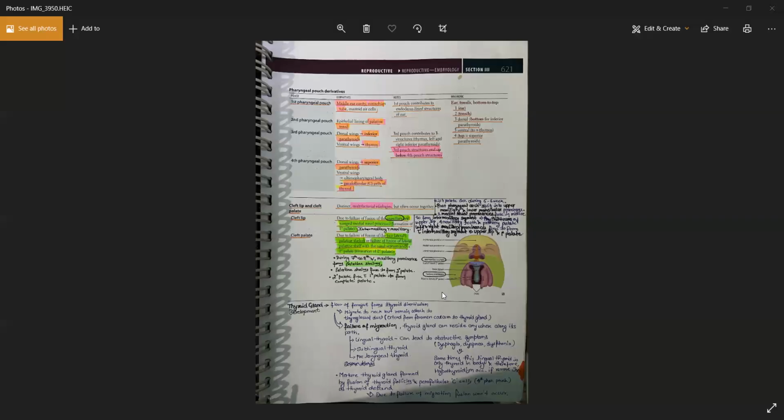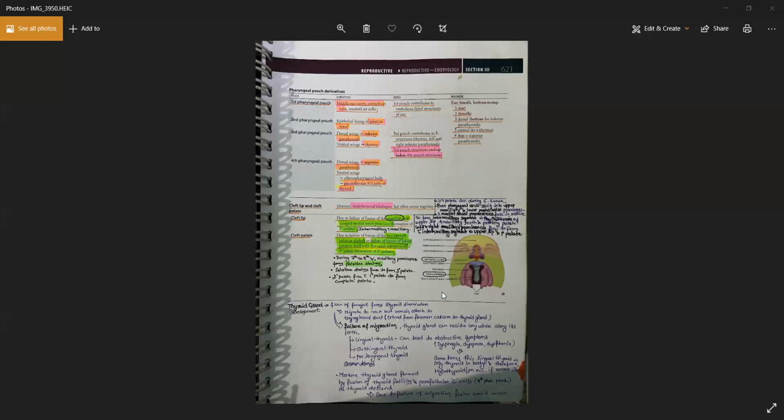So see, the cough reflex will be lost, but the gag reflex will be normal if you get damage to the superior laryngeal nerve. So now tell me, why not the gag reflex also?